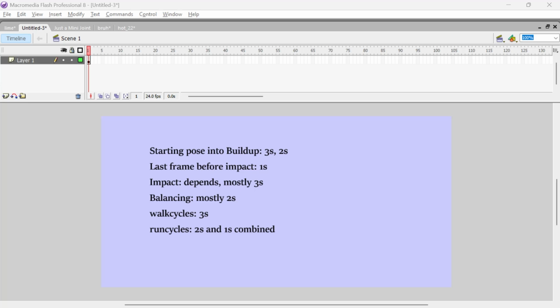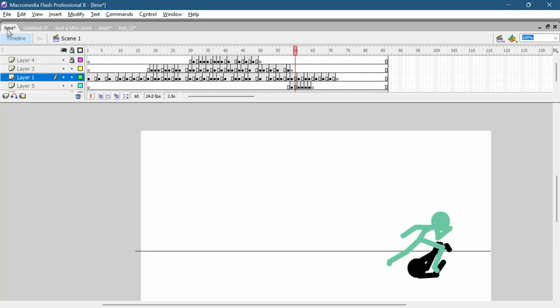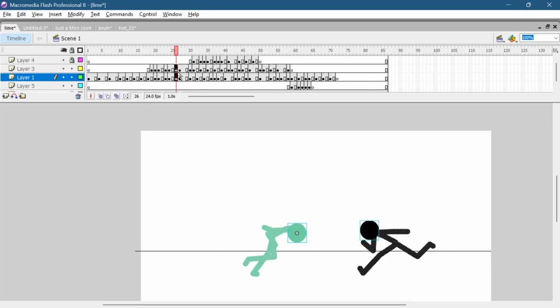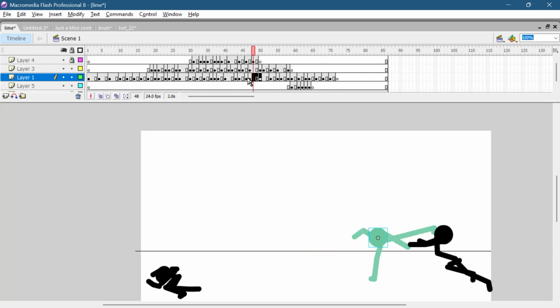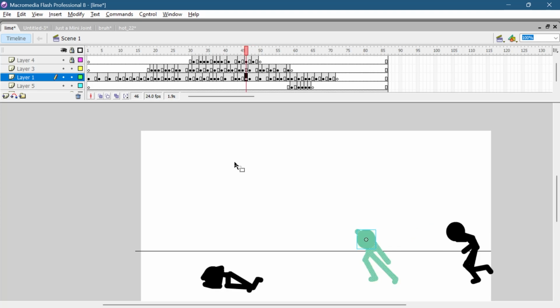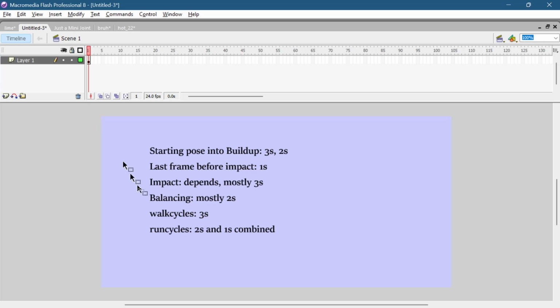If I'm at the last frame before the impact, I forgot to talk about that earlier, mostly I'm using ones. Here I do it as well. Like the attacker is in a single frame right before the hit. Here as well. So my idea is he builds up, and right before the hit, he's at the highest speed he can be. That's my understanding of the last frame before the hit.